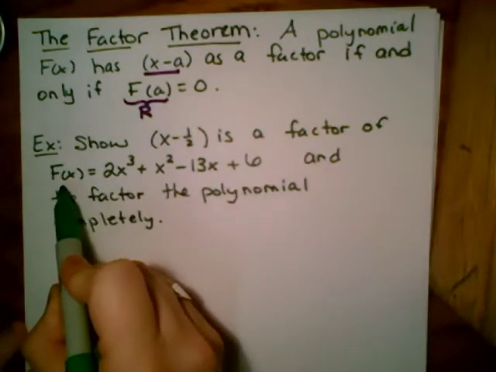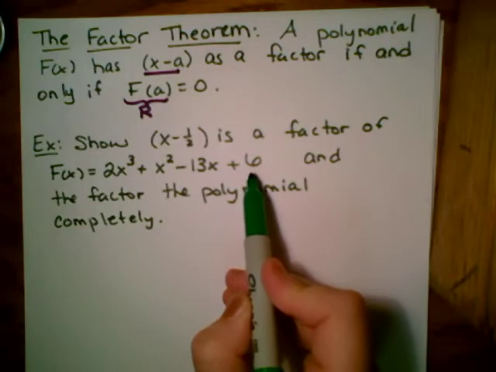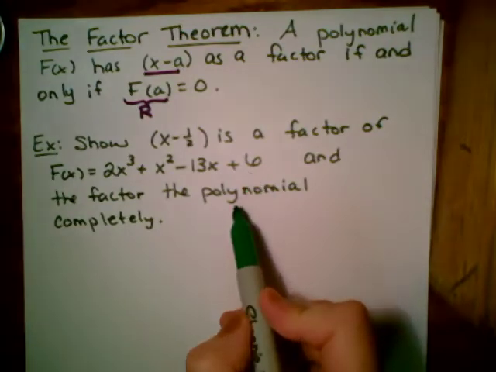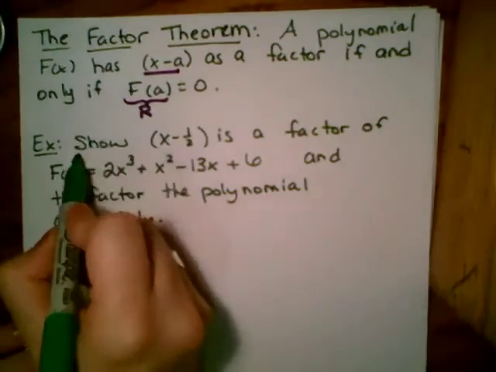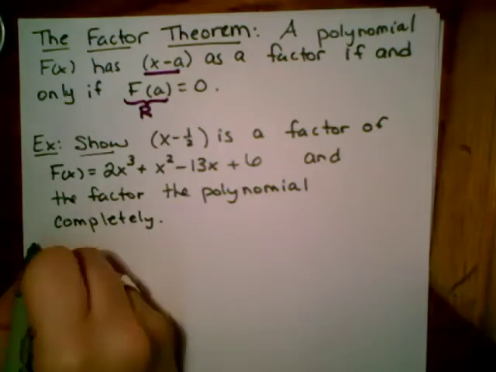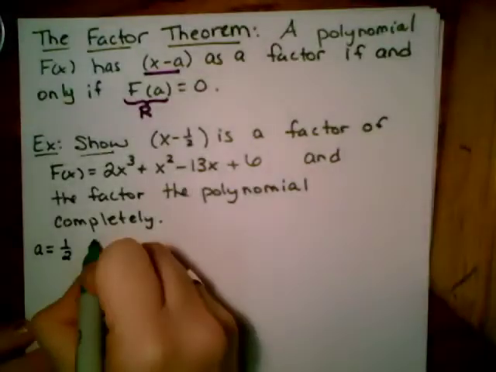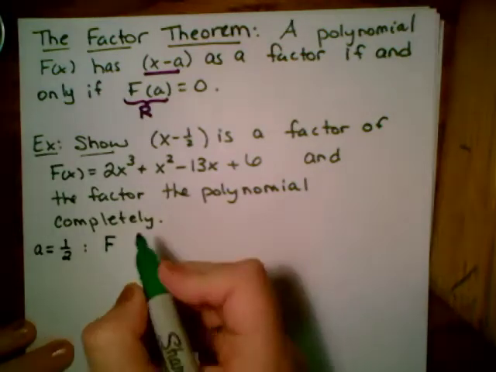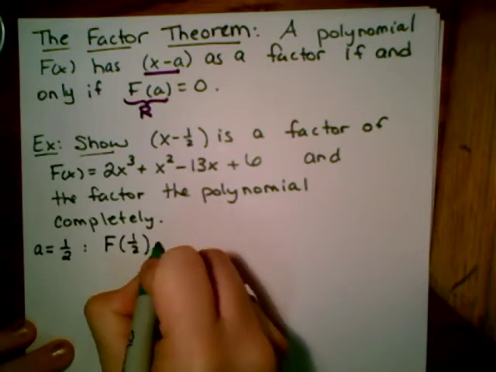Okay. And to show an example of this, let's show that x minus 1/2 is a factor of polynomial f of x, this cubic. And once we show that the division would come out evenly, let's go ahead and factor that polynomial completely. Okay, so first step, we want to show x minus 1/2 is a factor. So that means a is positive 1/2, and we want to evaluate polynomial f at 1/2.